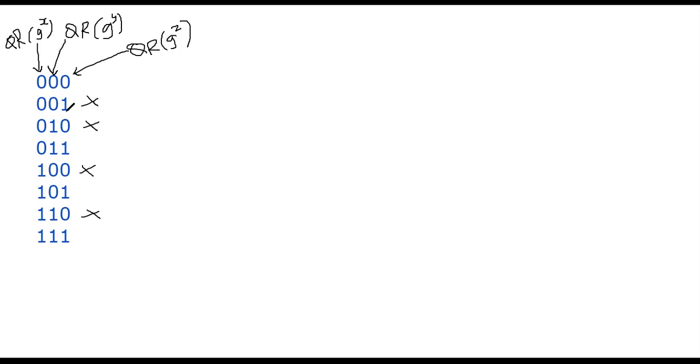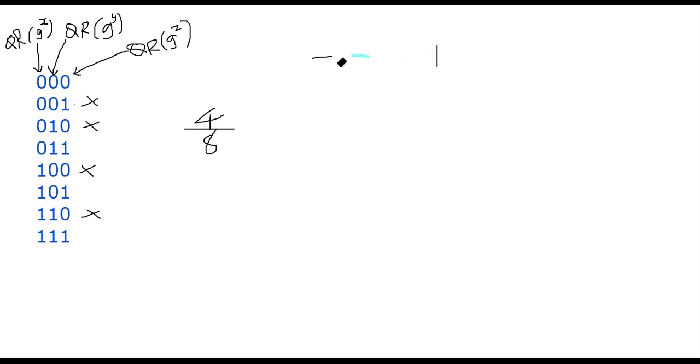In that case, we know for sure that the third column is a random number, because if we were feeding G power XY, we would not have got a quadratic residue for G power XY, given that G power X and G power Y are not quadratic residues. That means in 4 out of 8 scenarios we can distinguish whether the third argument, G power Z, is truly a random number or a G power XY. That's the reason I said the probability difference is bounded by half.